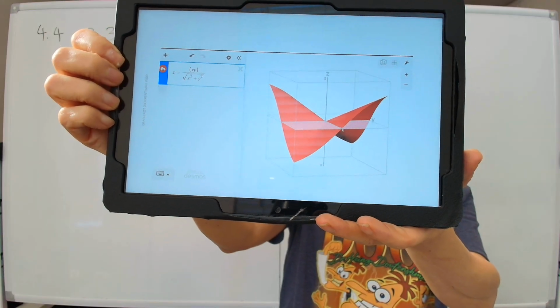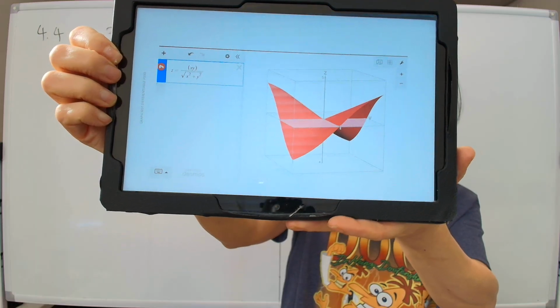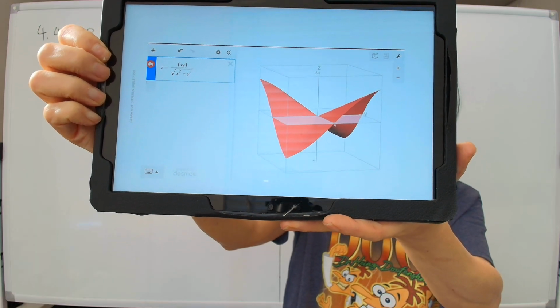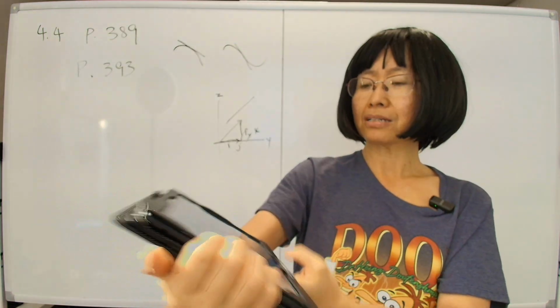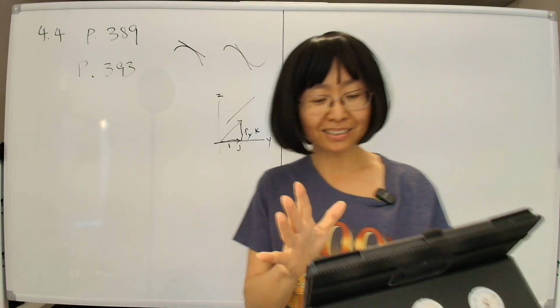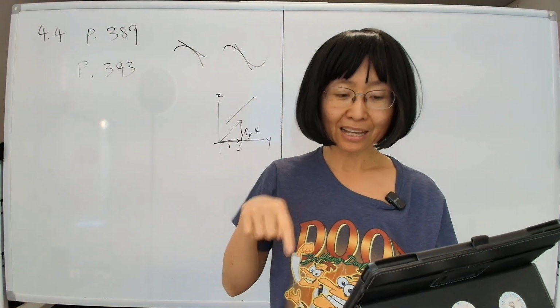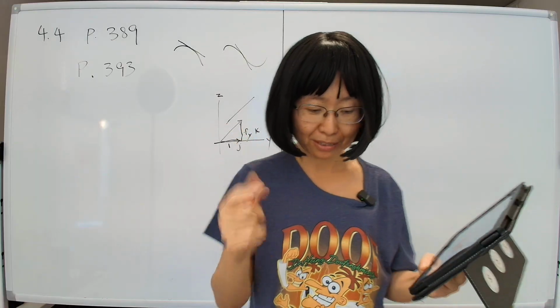Even though the function contains both the x-axis and the y-axis, if you look at it carefully, when x equals 0 it goes right through the surface, and so does y equals 0. The point is, the x-axis and the y-axis are included in the surface, but then it starts folding.